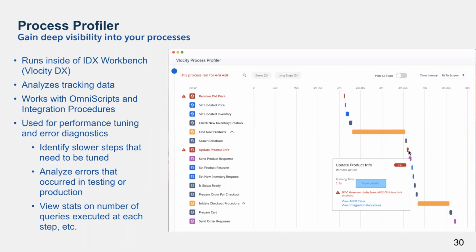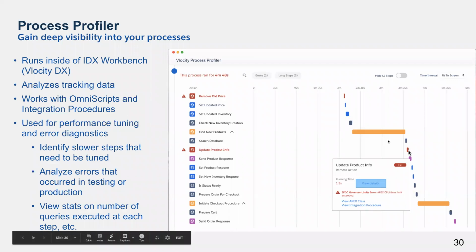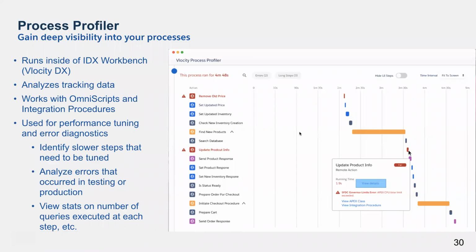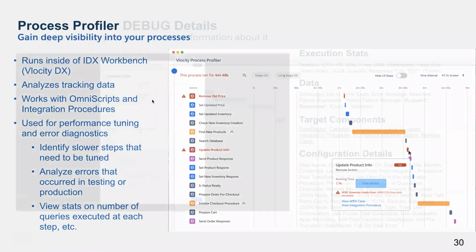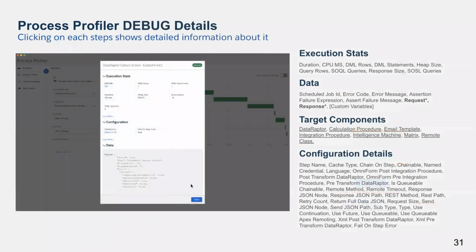And so if somebody needs to understand why it is taking 10 seconds to come back, they can open up this process profiler and they can see, of these various steps, which one is the long pole in the tent. And then when they click on that inside of this UI, you'd see a dialog window that looks like this.